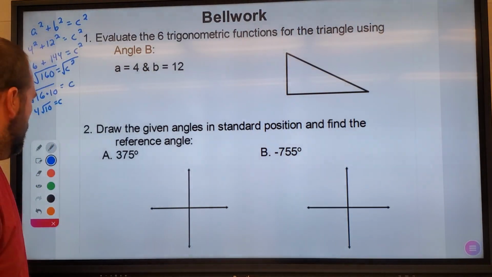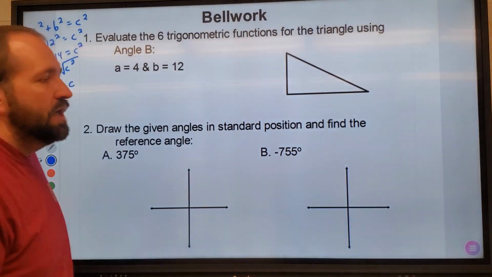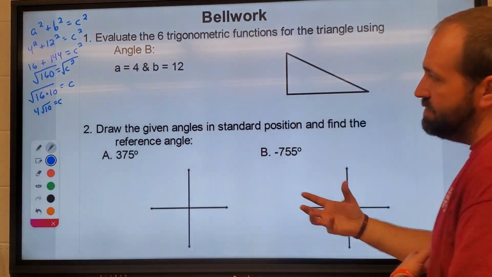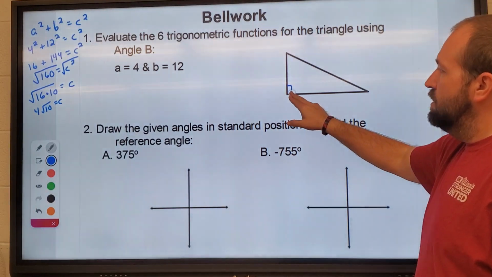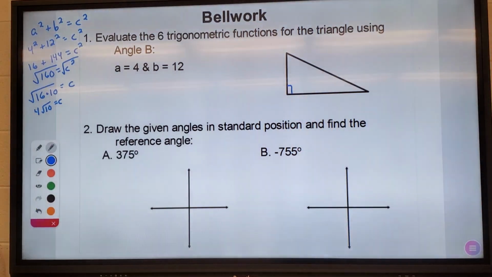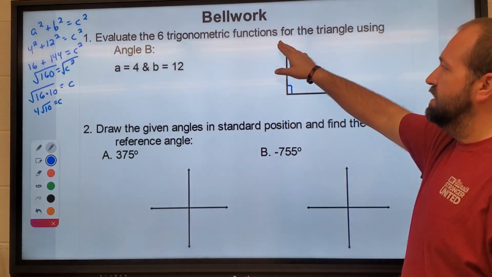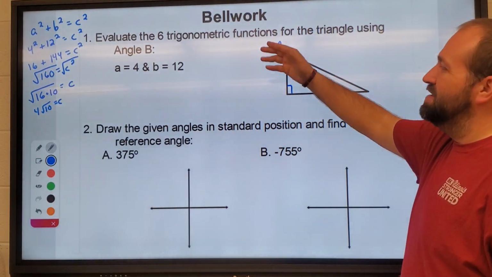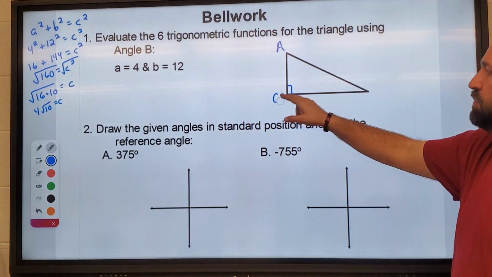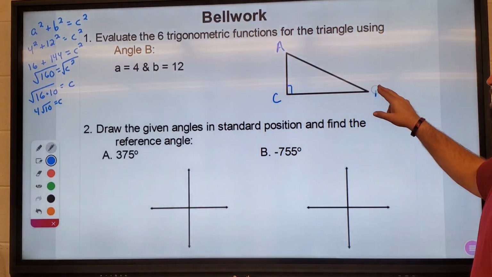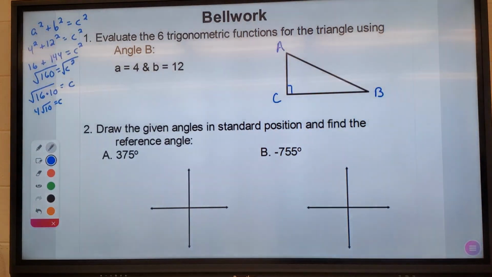Okay. In finding that, I'm going to go ahead and label my triangle here. Again, you can label it as you want, as long as angle C is here in the bottom right angle corner. Okay. I'm going to put A again, just staying consistent. Again, the measurements don't necessarily match up, but staying consistent with what I do here. I'm going to put angle A up top, angle B down here in the bottom right hand corner.